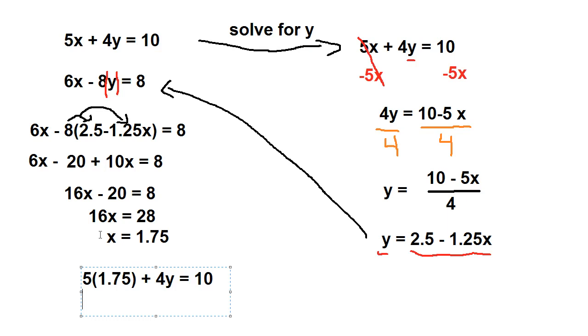It's going to be 8.75, plus 4y is equal to 10. And you can solve this for y. What you're going to do is simply subtract 8.75 from each side and then divide by 4. You will get y is equal to 0.3125. And thus you have solved the system of equations using substitution.